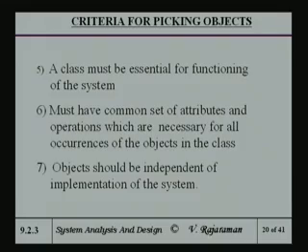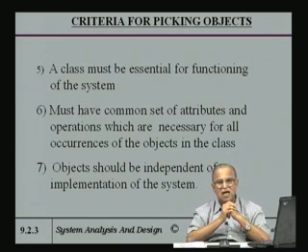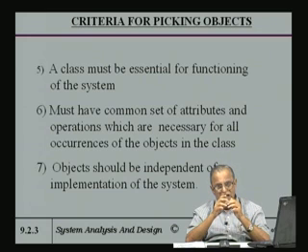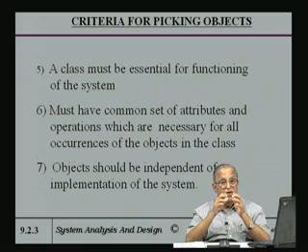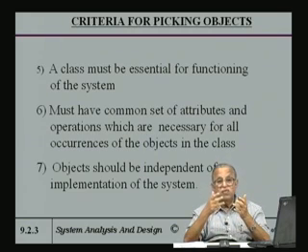A class must be essential for functioning as a system. In other words, the information in the class must be preserved, in the sense that if it is not preserved, the system will not function properly. That's what we really mean by the class being essential, because we cannot lose its states or lose its attribute.